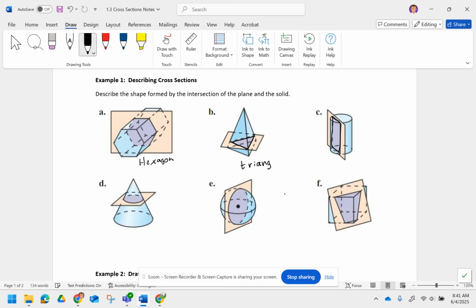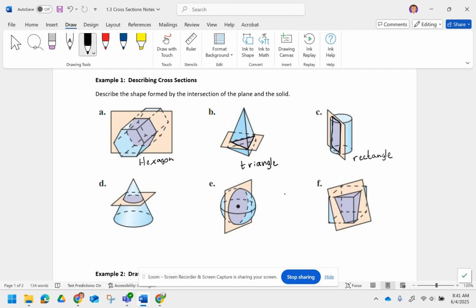And we got a triangle. Here, cutting into this cylinder, created four sides perpendicular to the ground. So we're going to create these 90 degrees. So this is just a rectangle.